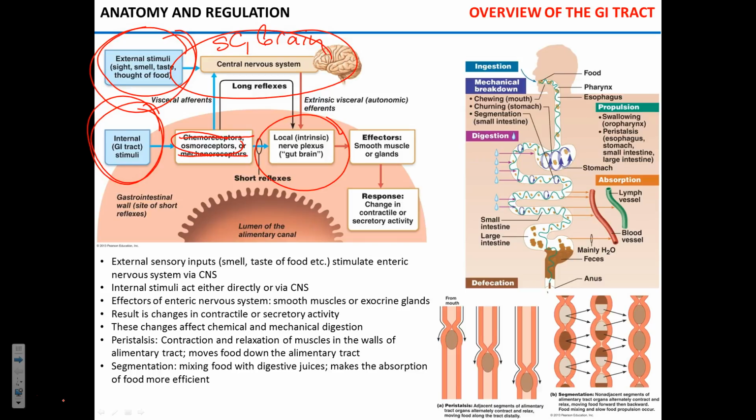They will perceive the same stimuli, stretch or chemical changes, and will induce responses right here, not even going to the brain. Does that make sense?